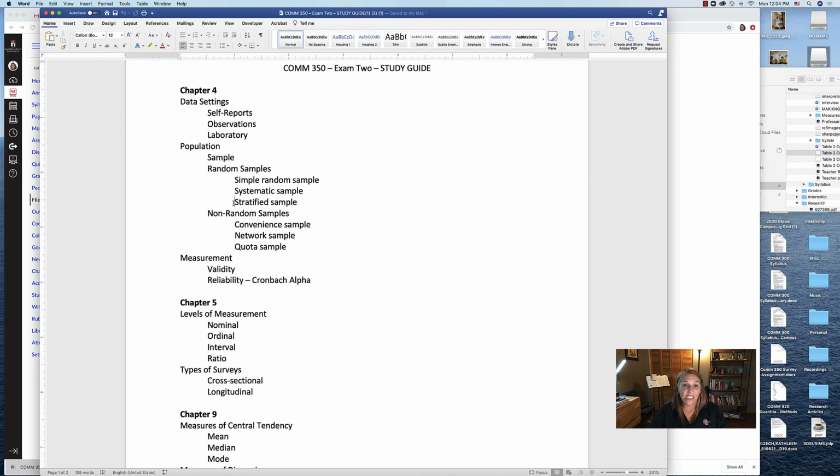What I've done is I stratified that sample, so then from there, with that stratified sample, I could either do a simple random from that population left or a systematic sample. So you stratify your sample out first into different layers, and then you can pick randomly, either systematically or totally randomly from there.